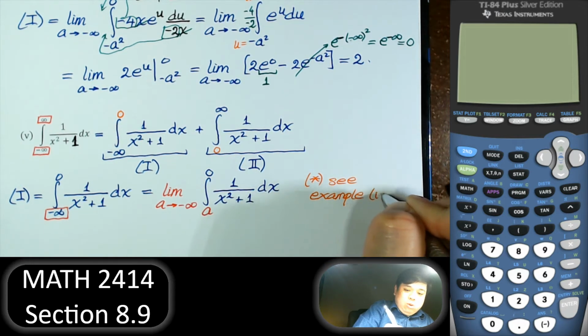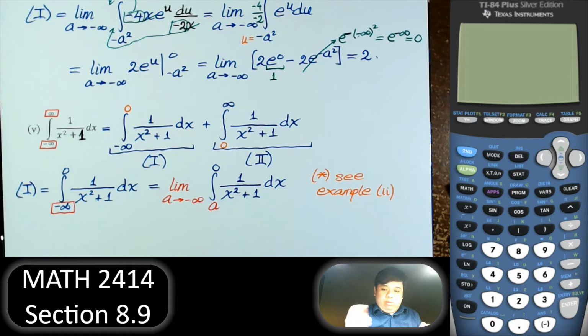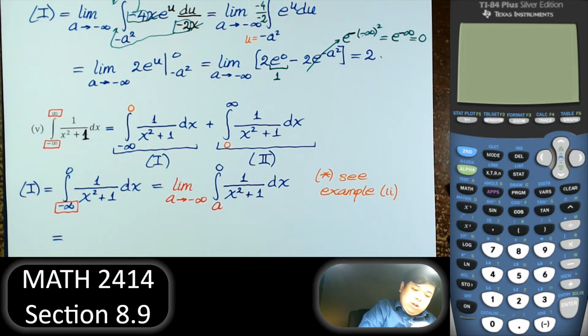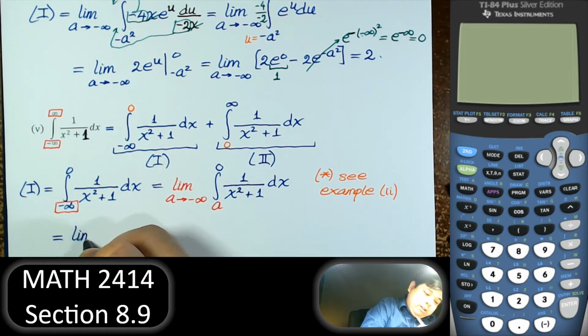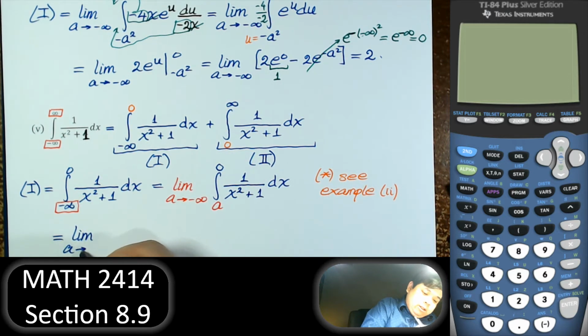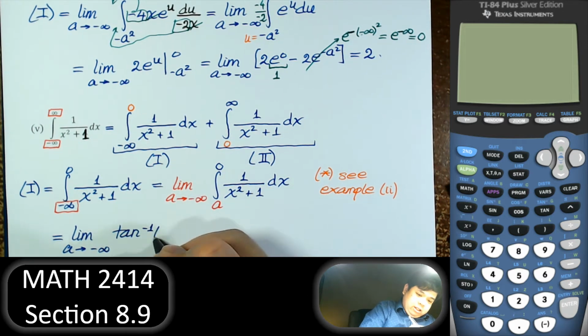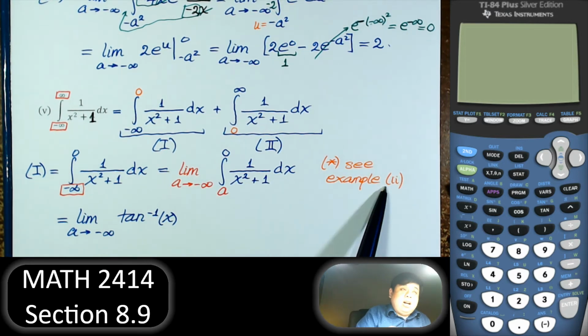Yeah, so that's why I changed to 1, so we don't have to do much of it. This is tangent inverse if we remember that already. So we have tangent inverse of x, because we did that earlier.